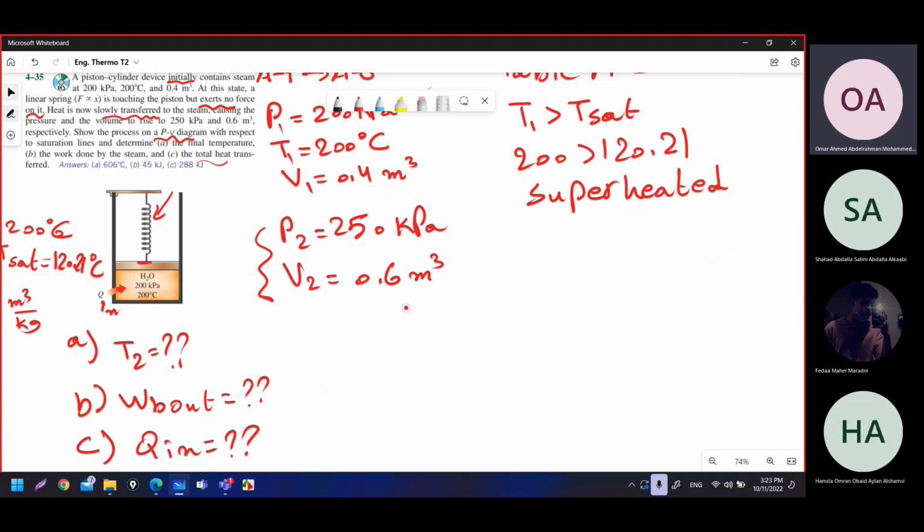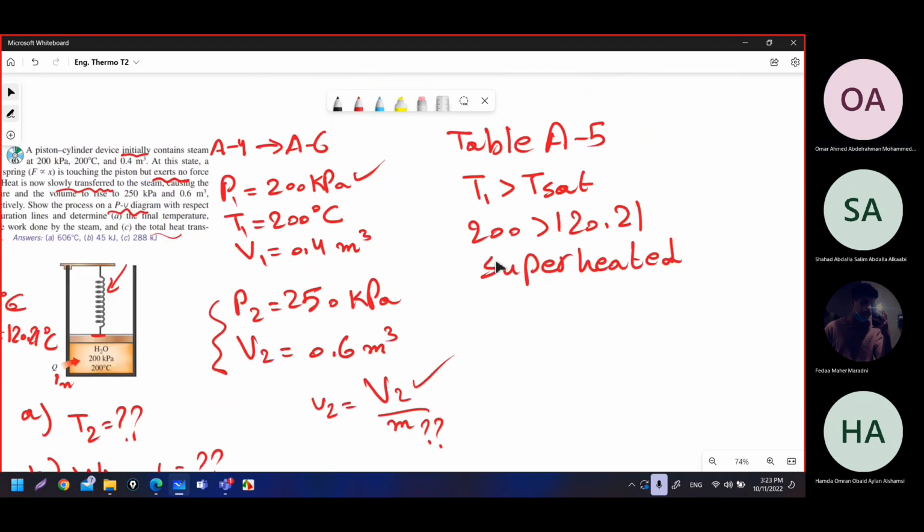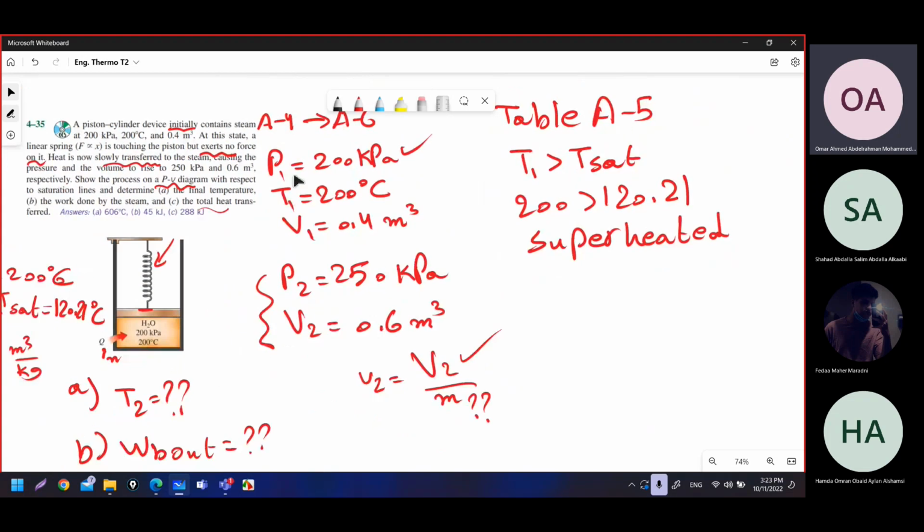We know that capital V and small v are related through the mass: small v equals capital V over the mass. I have V2, but I don't have the mass. So in order to find the mass, I can do the same thing with the first state, because I already have its point and more information.